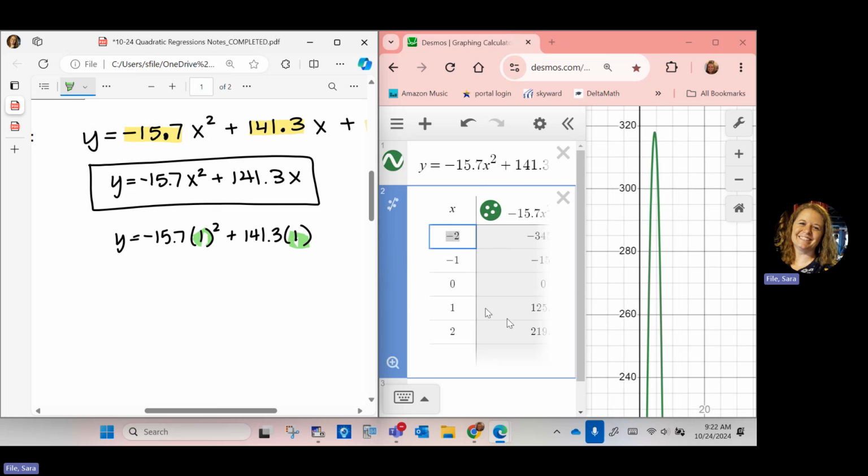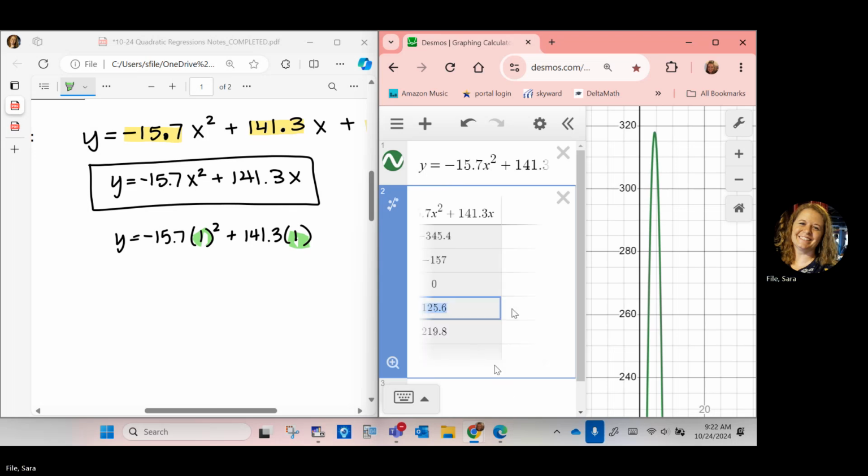Or if I have the table that I created here for this equation, I can look where X is 1 right here. When X is 1, Y is 125.6. Now, what did it say to round that to?